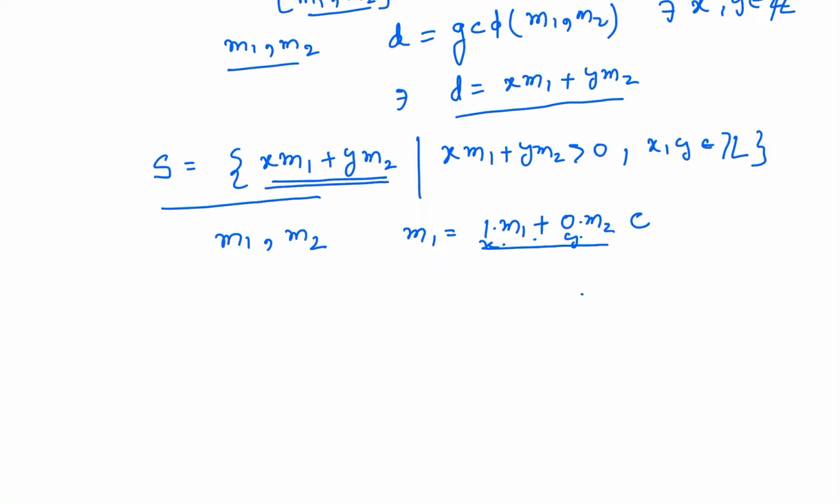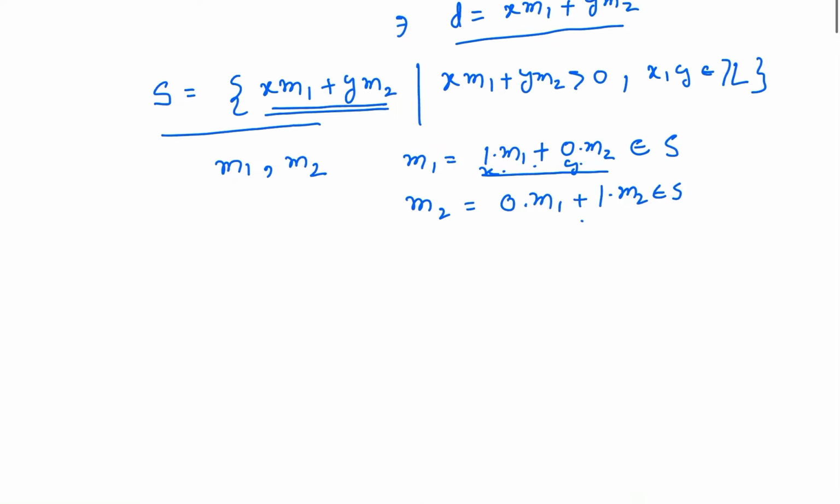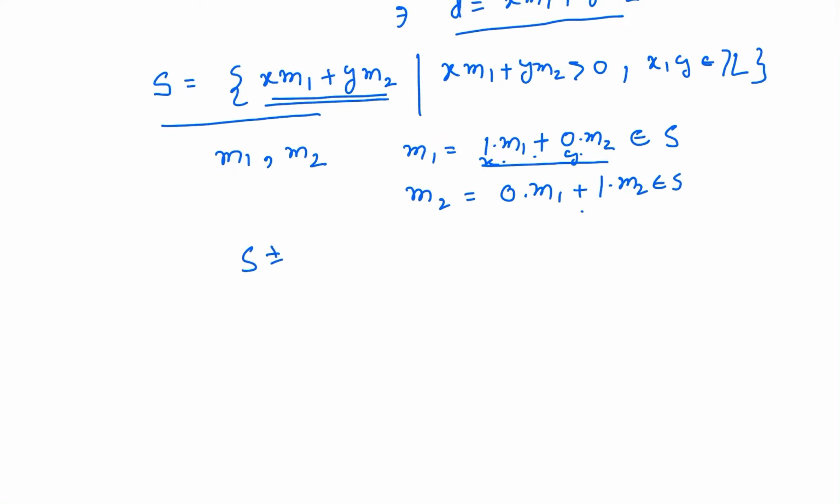That means m1 belongs to S. Similarly, m2 can be written as 0 into m1 plus 1 into m2. This also belongs to S. That means S is non-empty and S contains all the elements which are of this form and are positive. That means S is a subset of natural numbers.